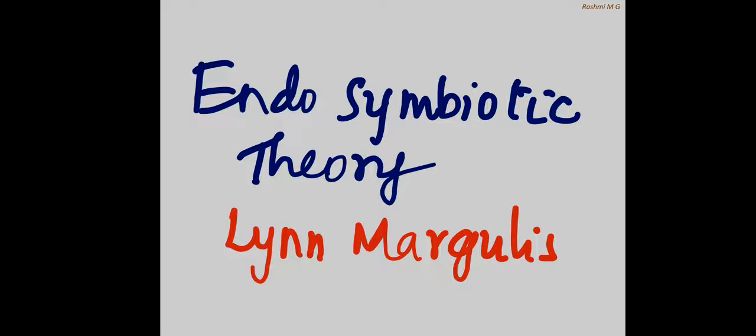So the endosymbiotic theory suggests that mitochondria have evolved from bacteria due to similarities with prokaryotic characters, especially the genetic system, as suggested by Lynn Margulis. According to this theory, mitochondria are supposed to have evolved in eukaryotes from the endosymbiotic association of purple photosynthetic bacteria.